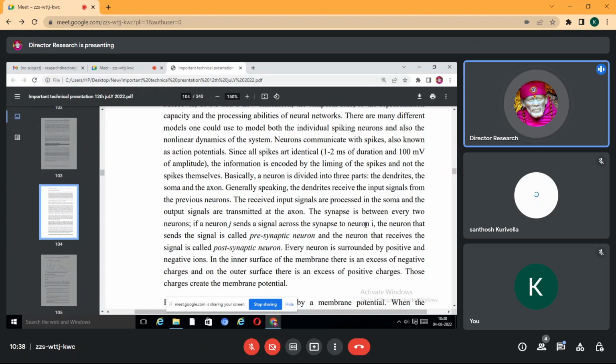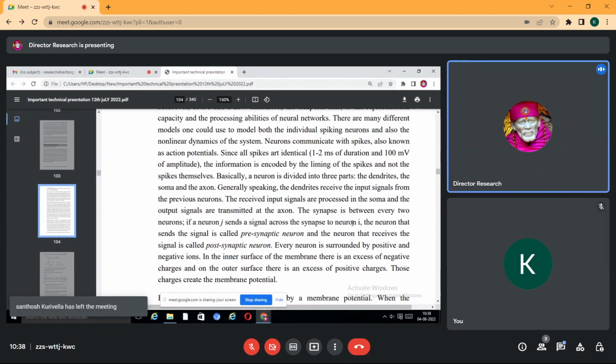The synapse is between every two neurons. If neuron j sends a signal across the synapse to the neuron, the neuron that sends a signal is called the presynaptic neuron. A neuron that receives the signal is called the postsynaptic neuron.